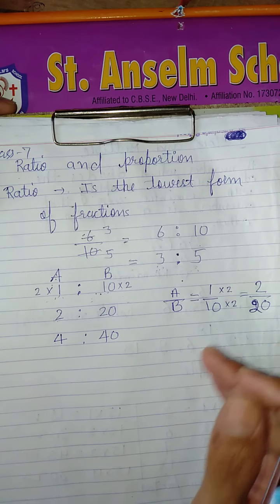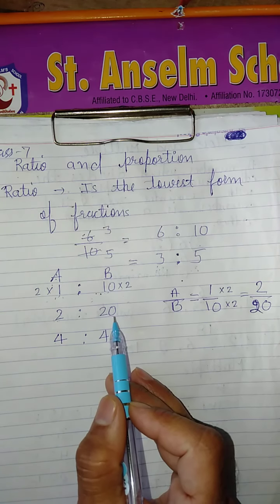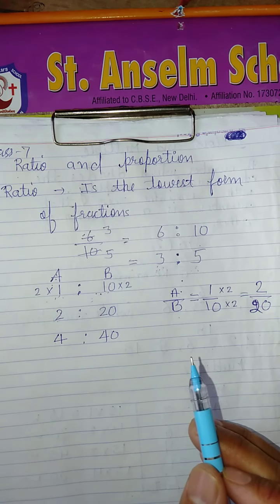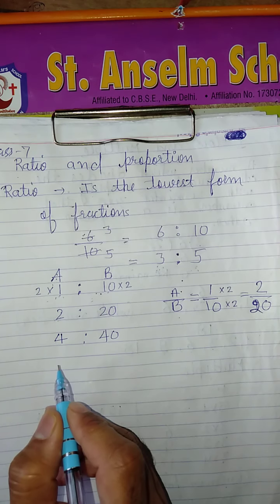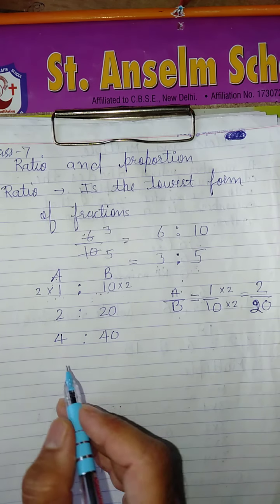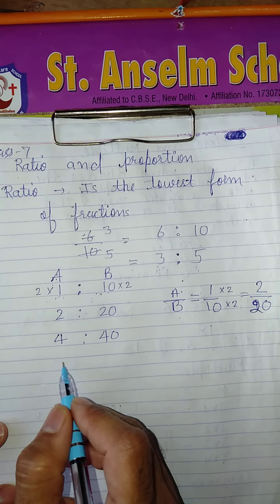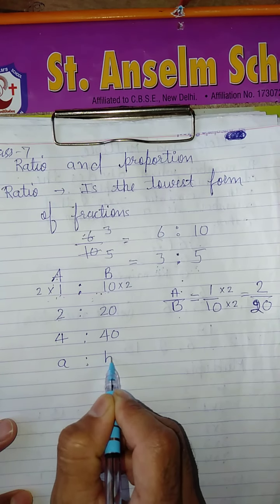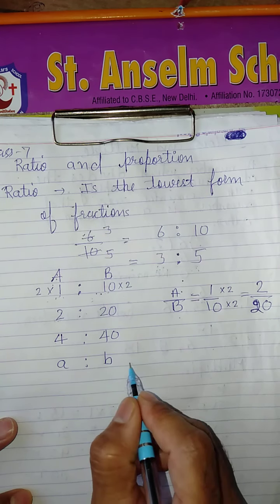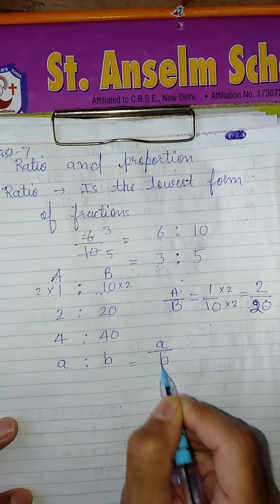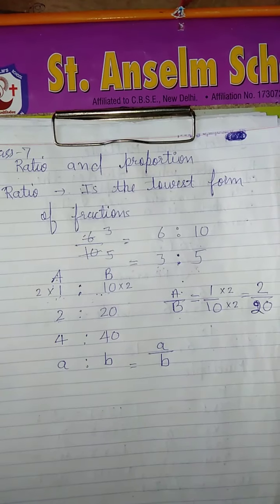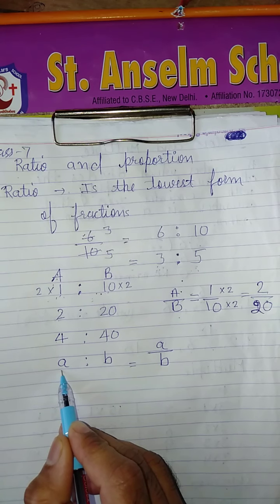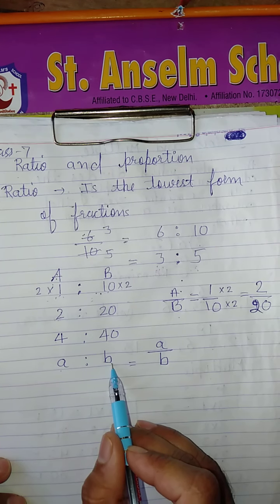If we multiply the numerator and denominator, this is called the numerator and this is called the denominator. We can denote the same algebraically also. Suppose this one is A and this one is B. So we can write this as A upon B also. In this ratio, A is called the antecedent and B is called the consequent.